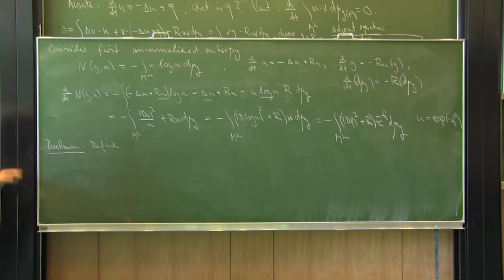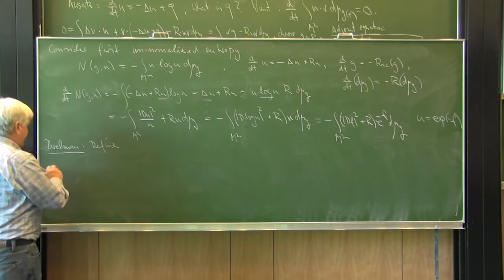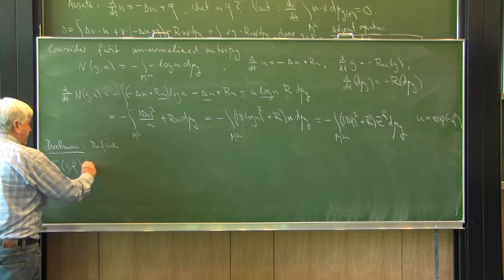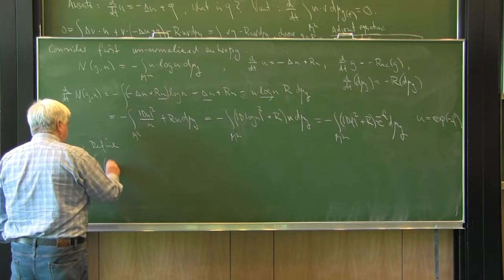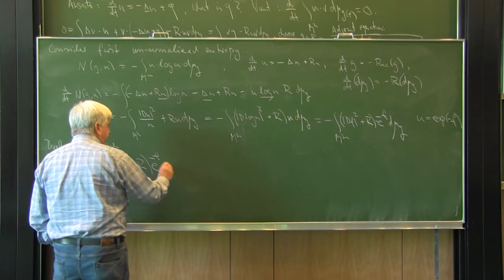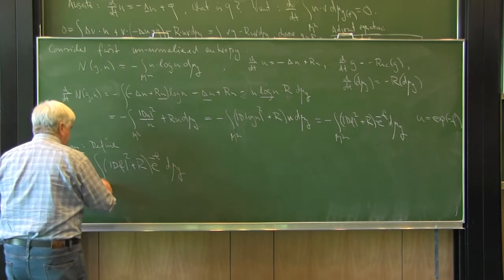He didn't motivate it this way, he just dropped it in the paper. So F of g and f is the integral of gradient f squared plus r times e to the minus f d mu g.